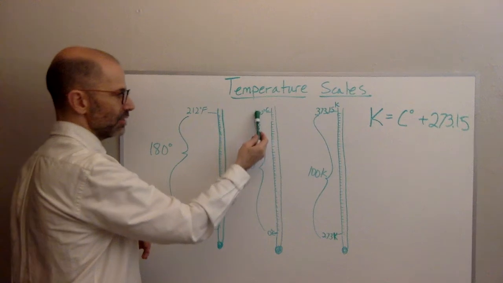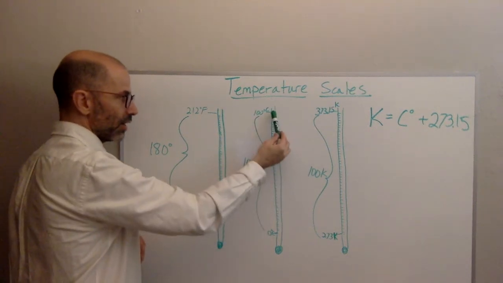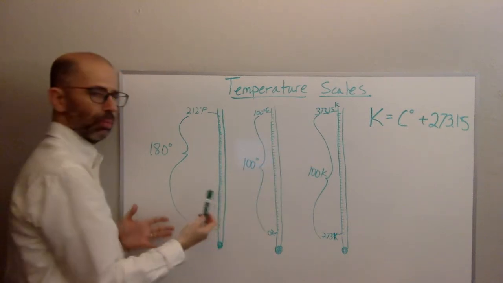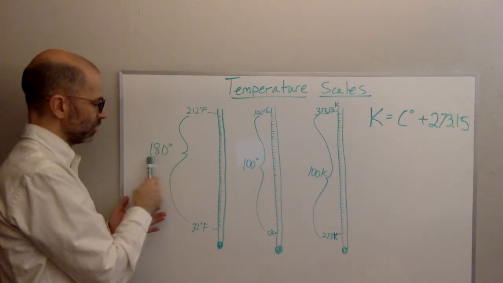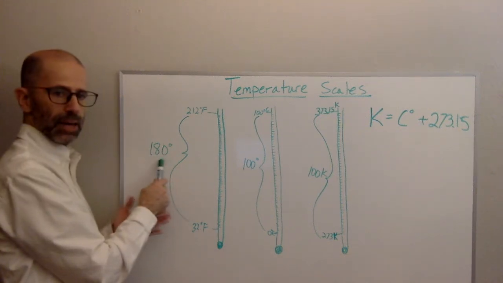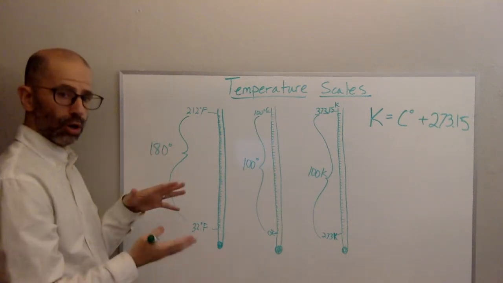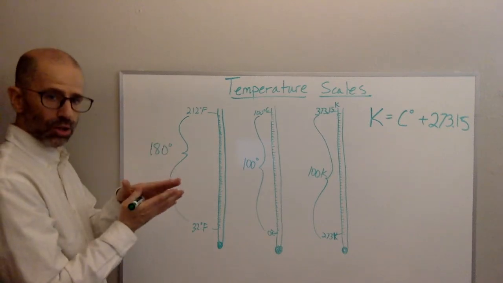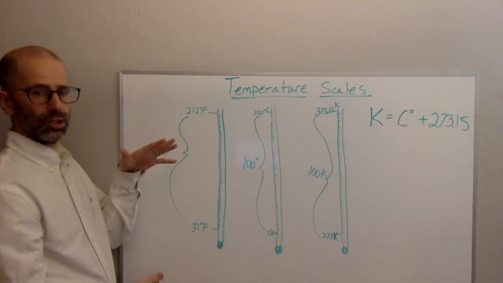Because this has fewer divisions, the size of its increments is inversely proportional to the size of the Fahrenheit increments, because Fahrenheit has more divisions. The more divisions you have, the smaller the size of the increments. The fewer divisions you have, the larger.